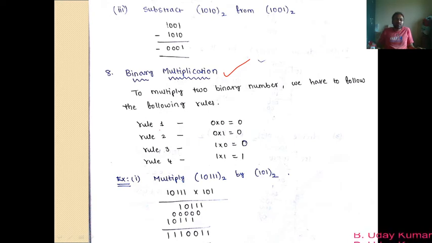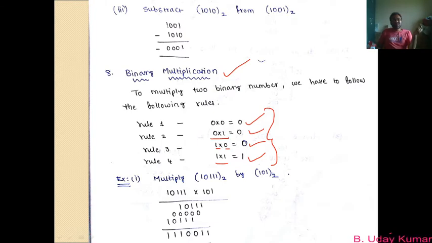Rule one: 0 multiplied by 0 gives 0. 0 multiplied by 1 also gives 0, because 0 multiplied with any term gives 0. Similarly, 1 multiplied by 0 gives 0, and rule four is that 1 multiplied by 1 gives 1. These are the rules you need to follow while multiplying any two binary numbers.